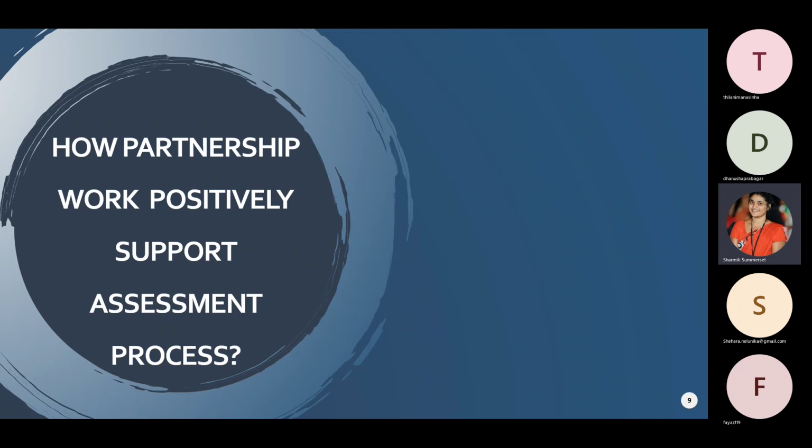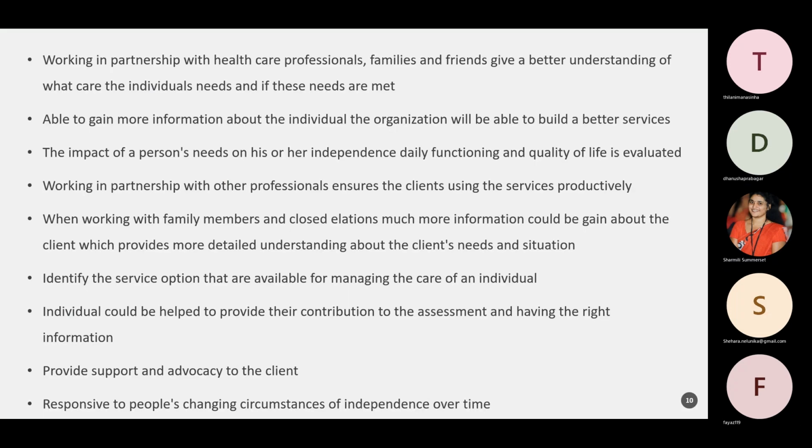And now we are going to see how this partnership is going to influence positively the assessment process. Why? Because this module is mainly focusing on assessment, gathering the information. So how is this collaborative work going to be helpful in gathering information and supporting, right?